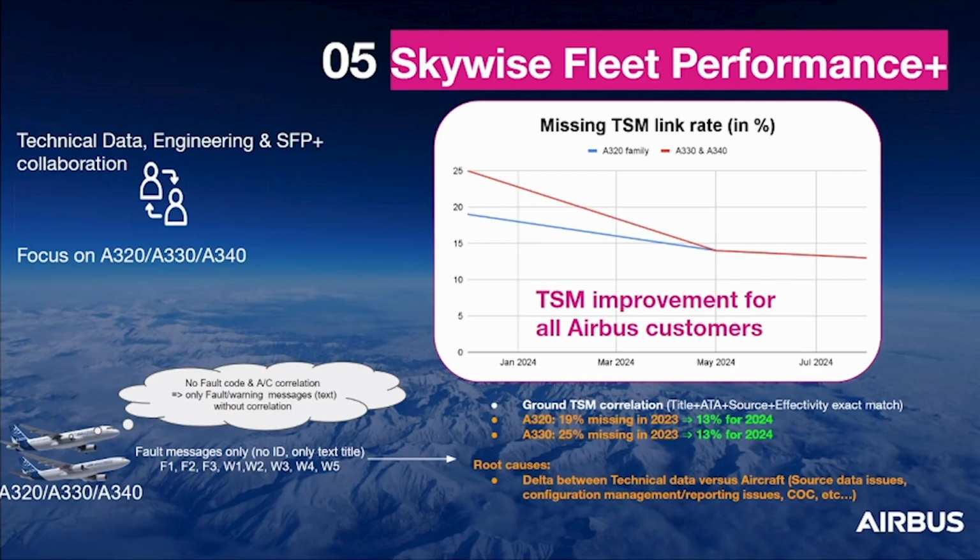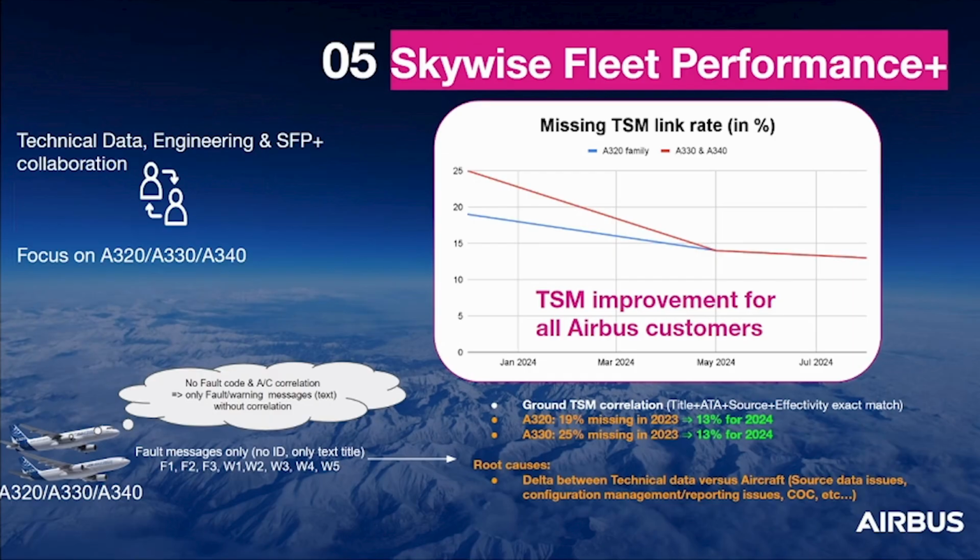And all this work allowed us to have in the end, by mid of this year, only 13% of missing TSMs for the A320. We went from 19% to 13% compared to last year. And for the A330, we went from 25% to 13% by mid of this year.